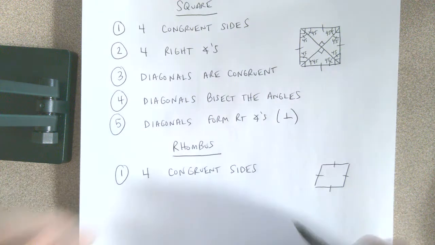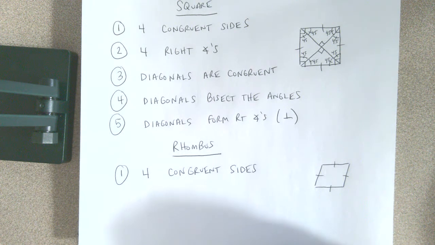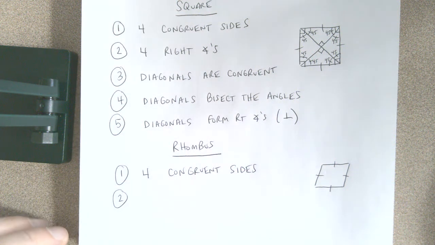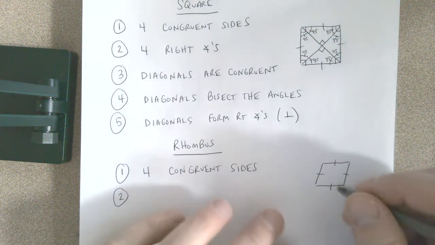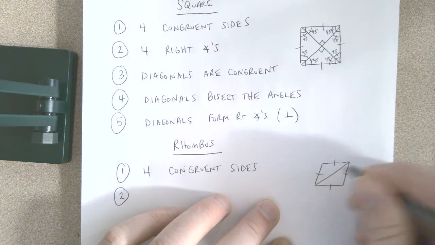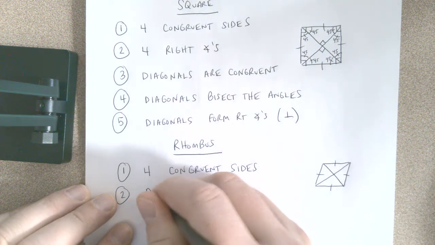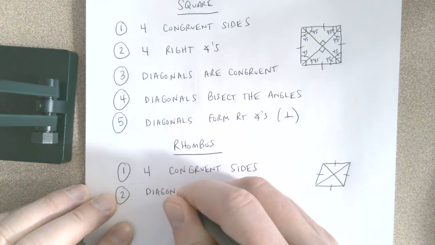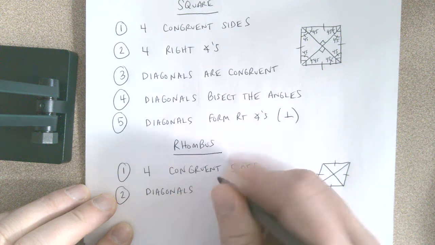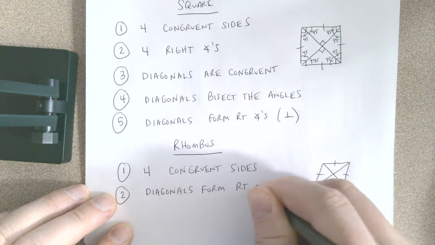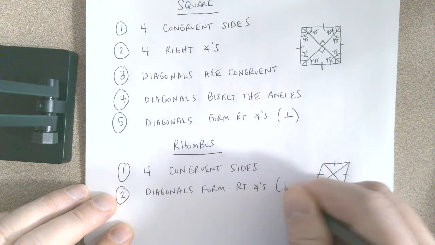So in this case, a square is a type of rhombus. Another important feature of the rhombus is the diagonals will always make right angles. Or in other words, they are perpendicular.